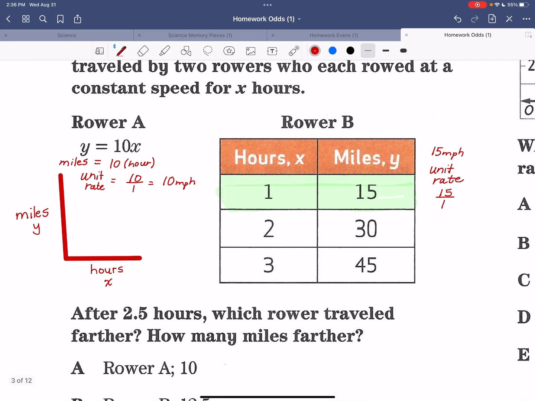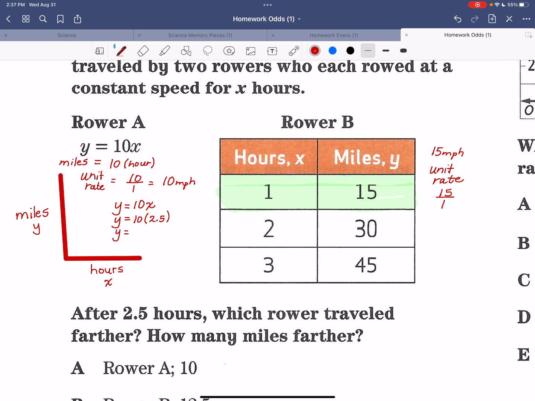After 2.5 hours, which rower traveled farther? Well, I can tell you it's rower B because he's going faster to start with, but they also want to know how many miles. So we're going to have to do some math here. All right, rower A is y equals 10x. So that's going to be y equals 10 times 2.5.